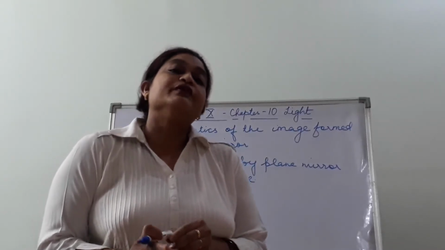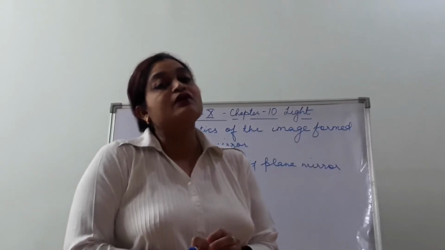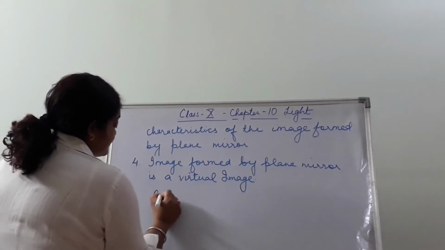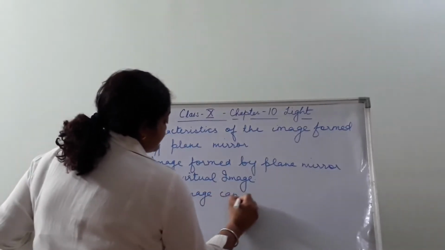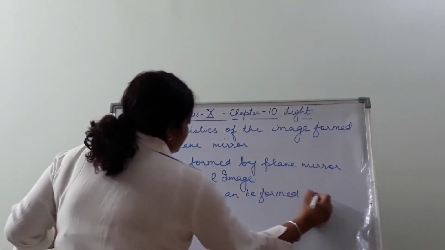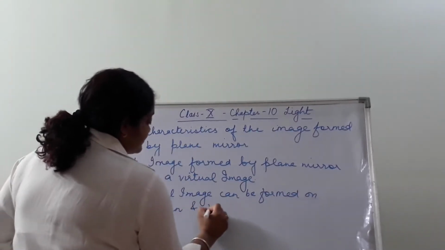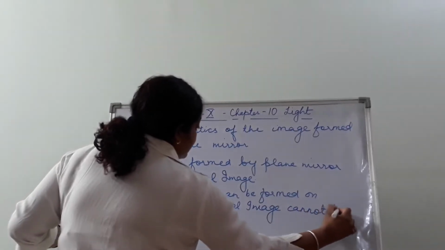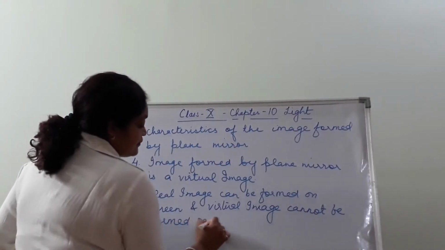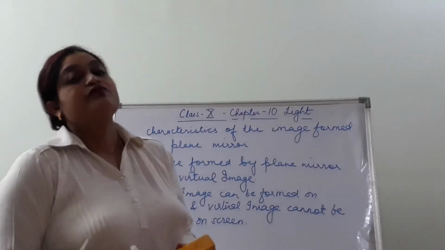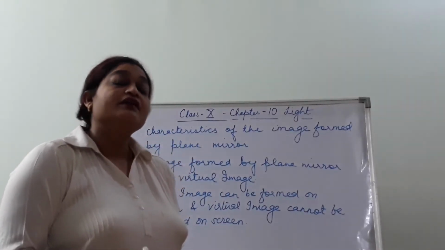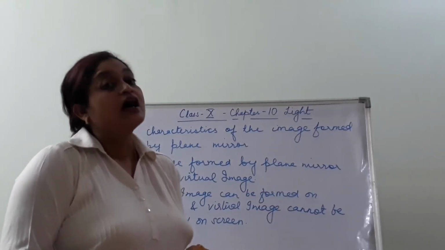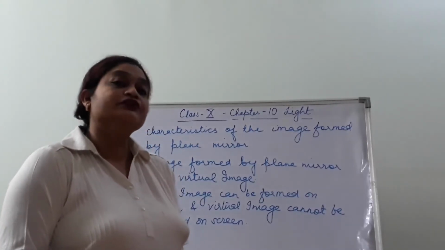A virtual image is that image which cannot be formed on a screen, and the real images, they can be formed on a screen. How is a virtual image formed? A virtual image is formed when the light rays don't actually meet after reflection, but a real image is formed due to actual intersection of light rays after reflection from the mirror. So a plane mirror forms a virtual image.